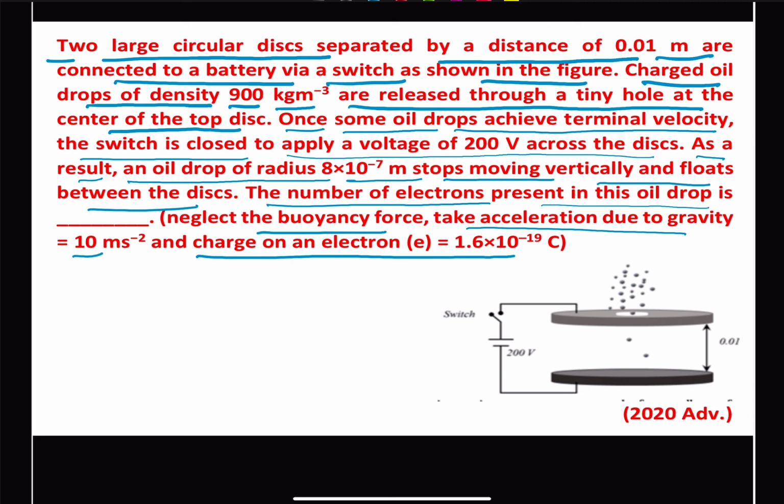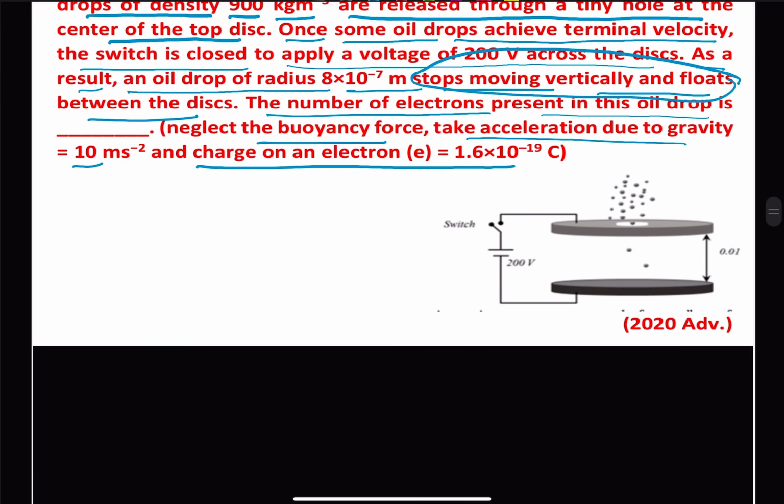So in this case, it is a simple case where we have two discs. The force in the downward direction is balanced by the force in the upward direction, because it states that the drop stops moving vertically and floats. So this is the entire premise of this question.